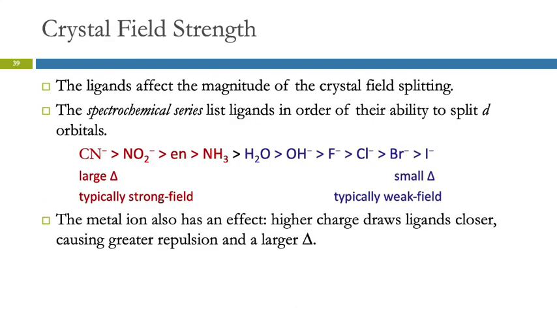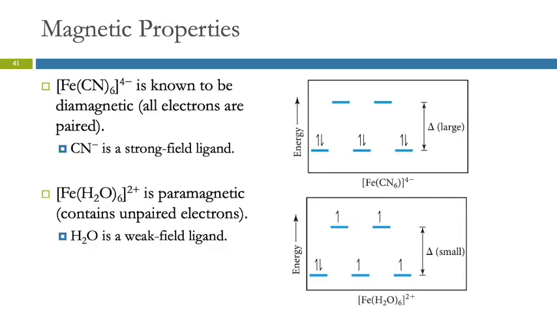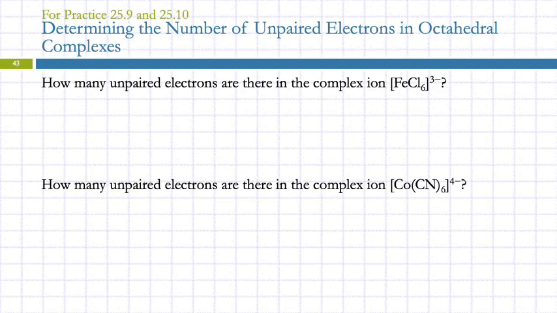So we go back here and look and see that chlorine is typically a weak field ligand. So the splitting's going to be small. So we'll have 3 that are low and 3 that are high, but this delta is small.